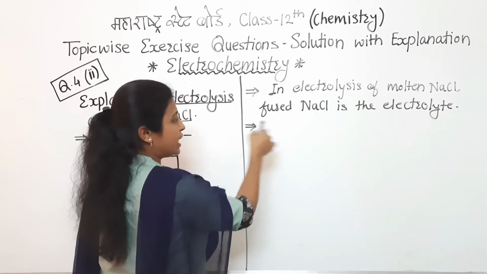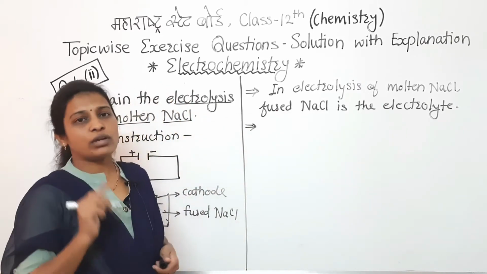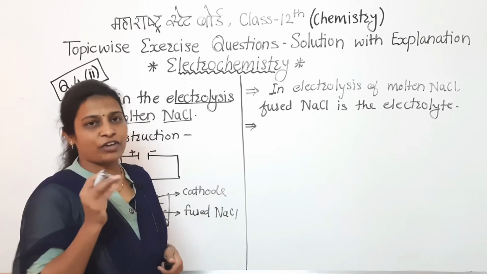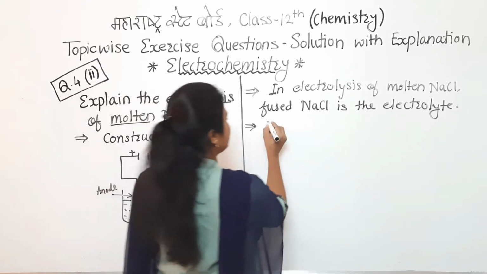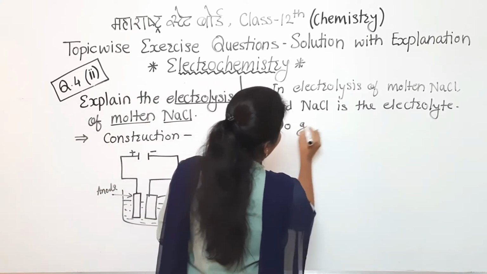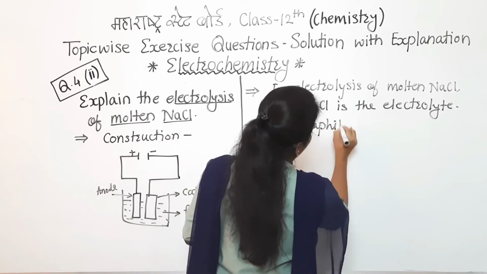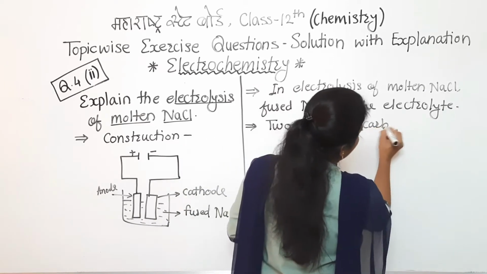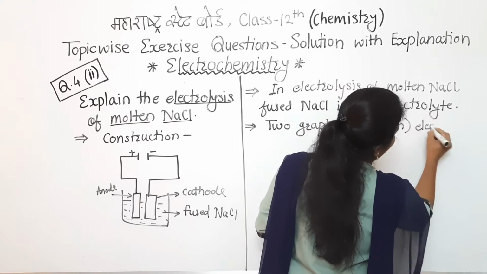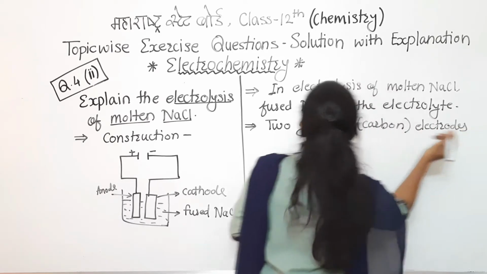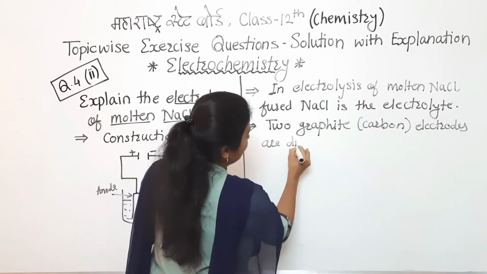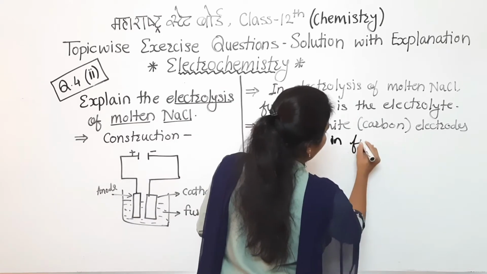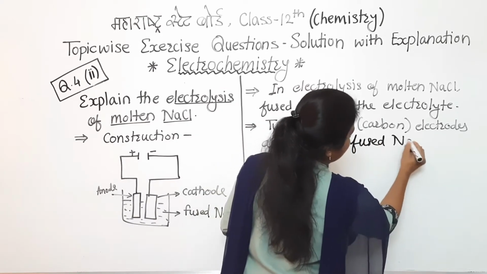Next point is that in that electrolyte two carbon, or we can say graphite, electrodes are dipped. Two graphite, means carbon, electrodes are dipped in fused NaCl.